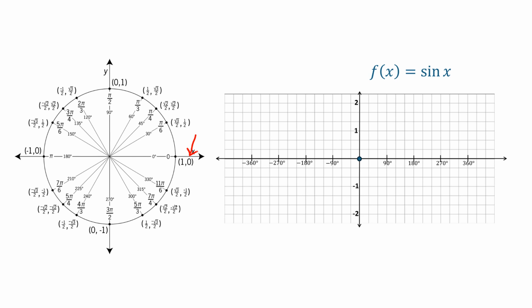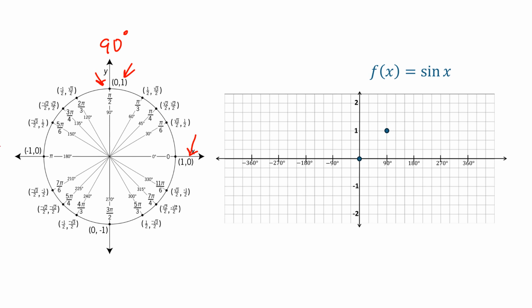Next, if we go up to 90 degrees, that is straight up on your unit circle, 90 degrees, or pi over 2. Then you can see that your y coordinate is 1, so that means that sine of 90 is 1. So as we're graphing sine, when we get to 90 degrees on the x-axis, we are now at 1. So the function has increased up to 1.